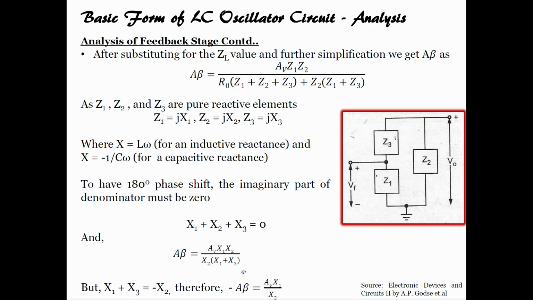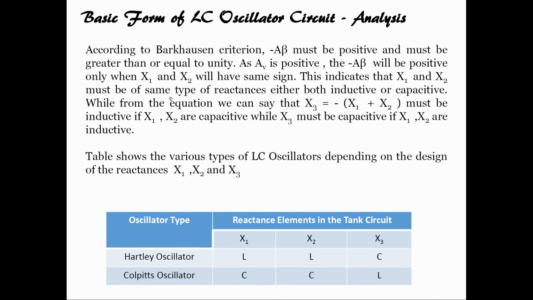You see here again minus A beta equals AV into x1 by x2, but minus A beta should always be greater than or equal to 1. That means x1 and x2 should have the same type of reactances. So, either we can use x1 and x2 as inductive, or we can use x1 and x2 as capacitive.